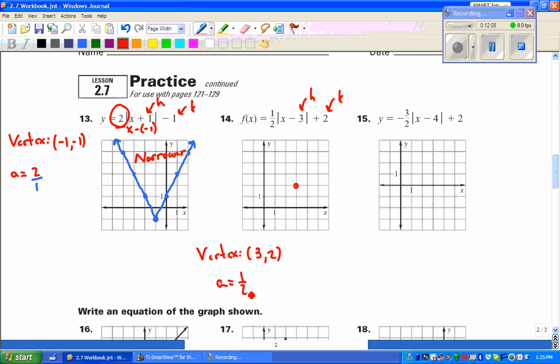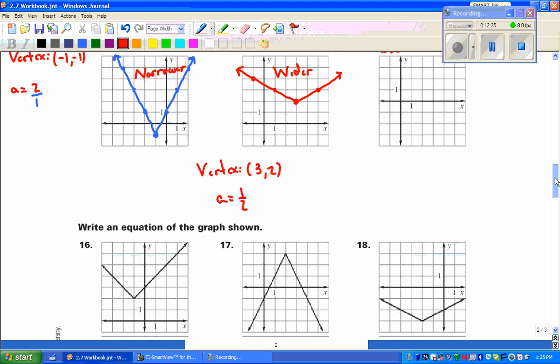You're going to go up 1 over 2, up 1 over 2, up 1 over 2. And this one, guys, since the absolute value of a is less than 1, this one right here is a wider graph. What's this one going to do? This one would face down because it is a negative.